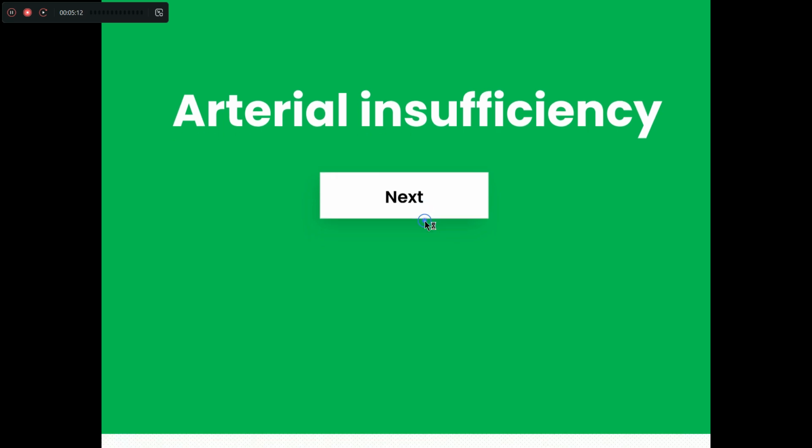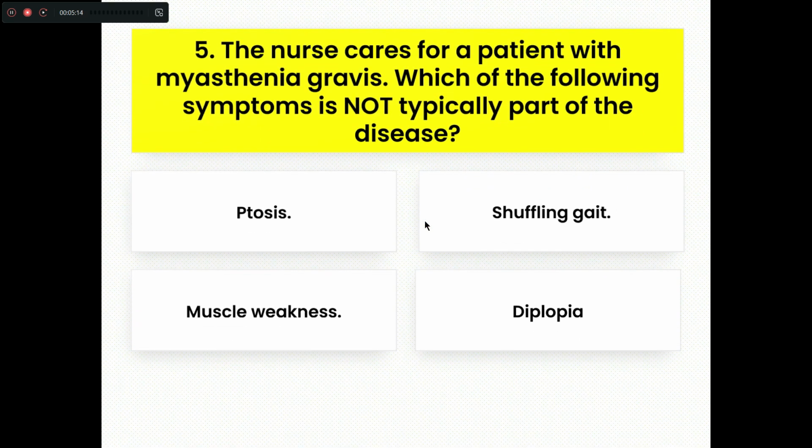Move on to fifth question. The nurse cares for a patient with myasthenia gravis. Which of the following symptoms is not typically a part of the disease? A, ptosis. Option B, shuffling gait. Option C, muscle weakness. Option D, diplopia.